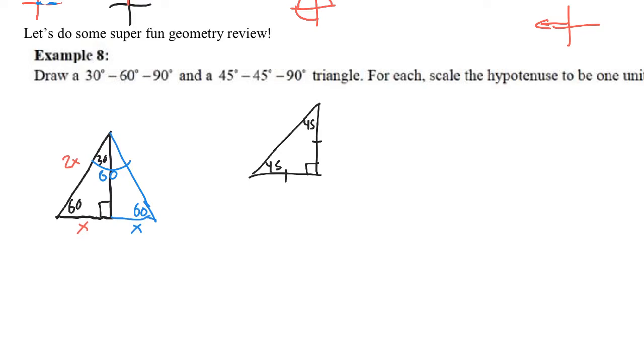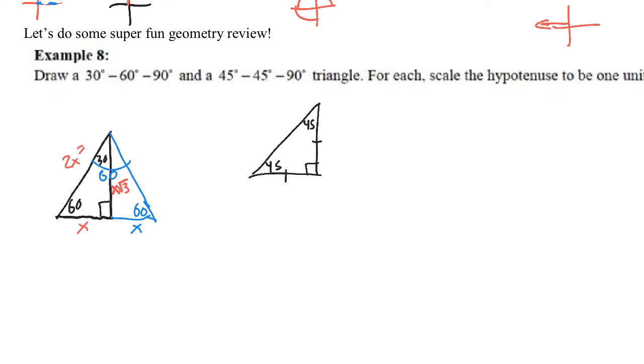And then Pythagorean theorem, x squared plus what squared is 2x squared. Oh, I end up with 3x squared. And then I have to square root it, so square root of 3 times x. Oh yeah, so then this side is just x root 3. But now it says really quick, scale the hypotenuse to be 1.